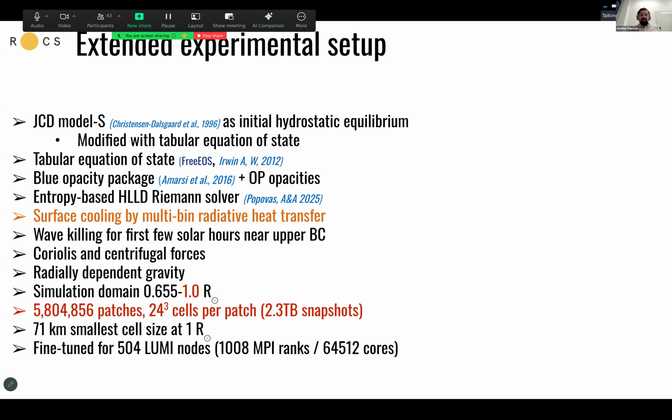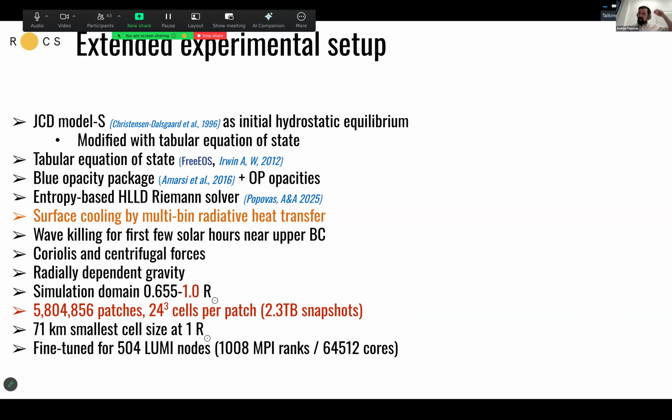And for the simulation box, naturally, since we include a surface that's an additional 1 scale height, we need a lot higher resolution. That would be around 5.8 million patches. That's around 2.3 terabyte snapshots, so good luck analyzing, future me. And the smallest cell size would then be 1 radius.